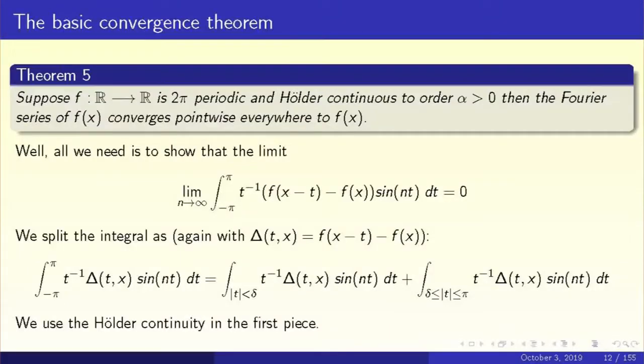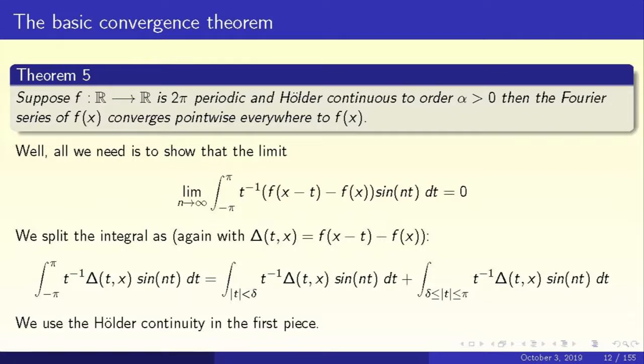So now we are ready to state and complete the proof of the basic convergence theorem. So now the theorem is properly formulated. Suppose f from R to R is 2 pi periodic and Holder continuous of order alpha, then the Fourier series of f(x) converges pointwise everywhere to f(x).